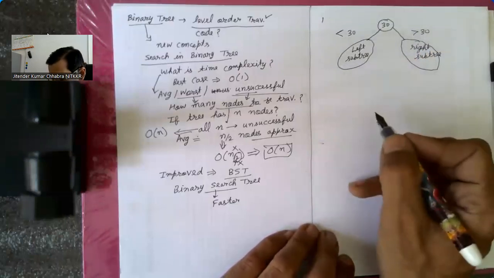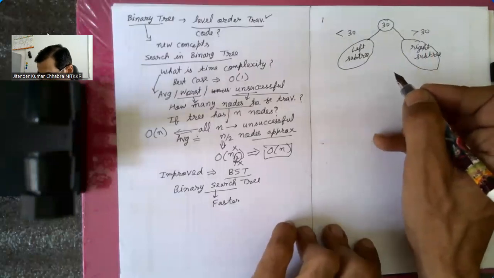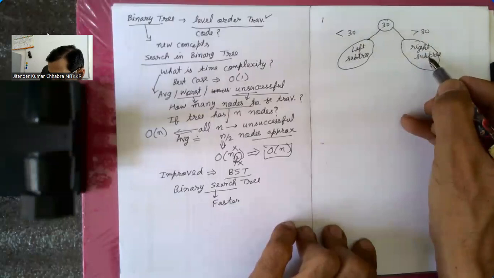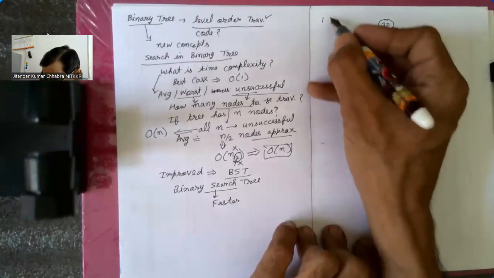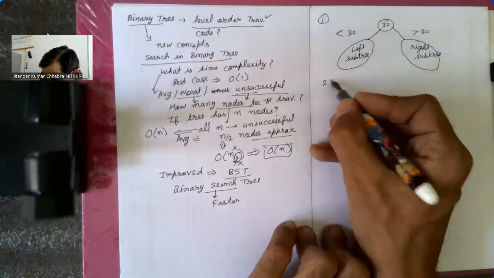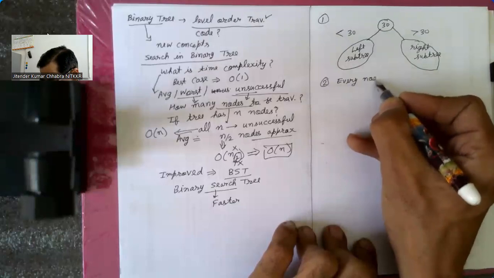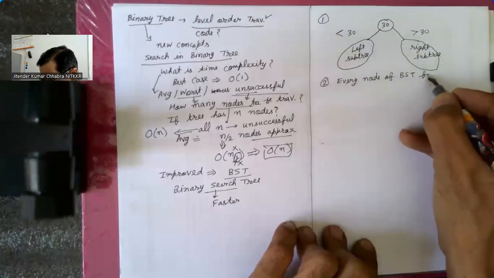So that is the first thing. My values have a differentiation. The left subtree is always supposed to have values less than the root, and all values in the right subtree are greater than 30. This is the first condition. The second condition is that every node of this subtree of a BST follows this rule.